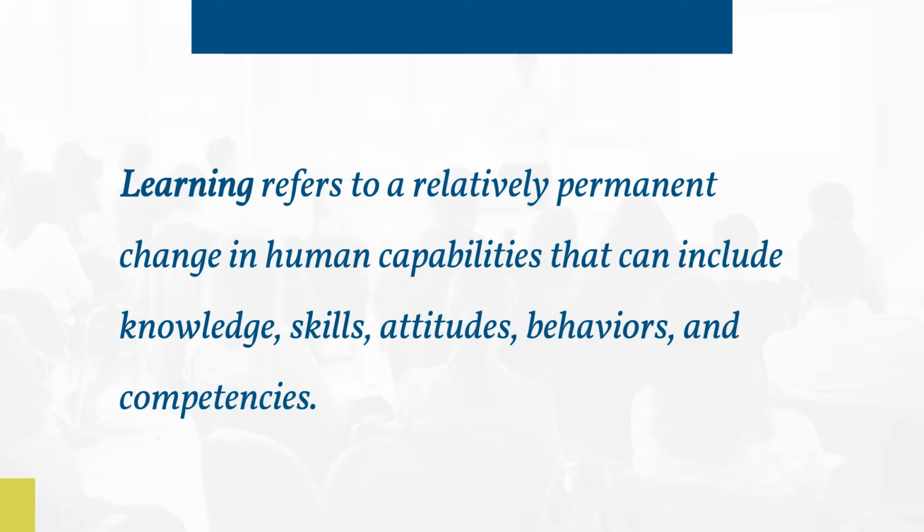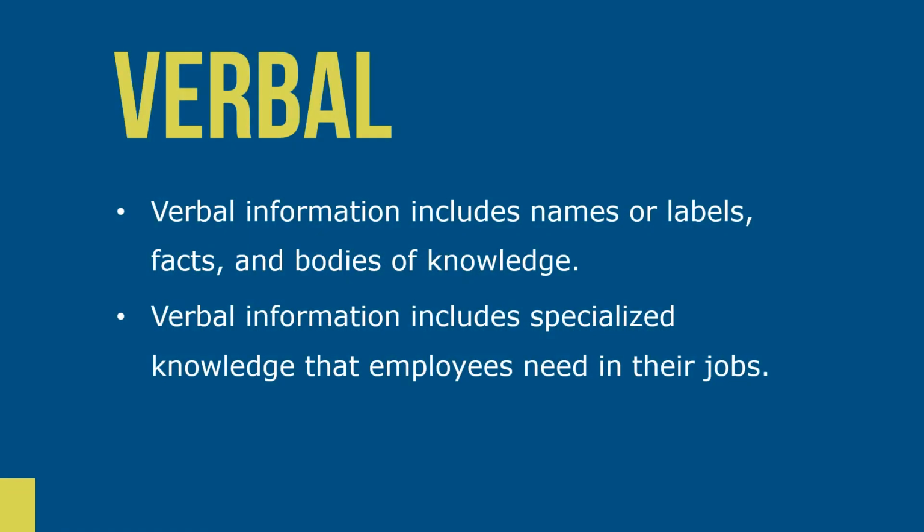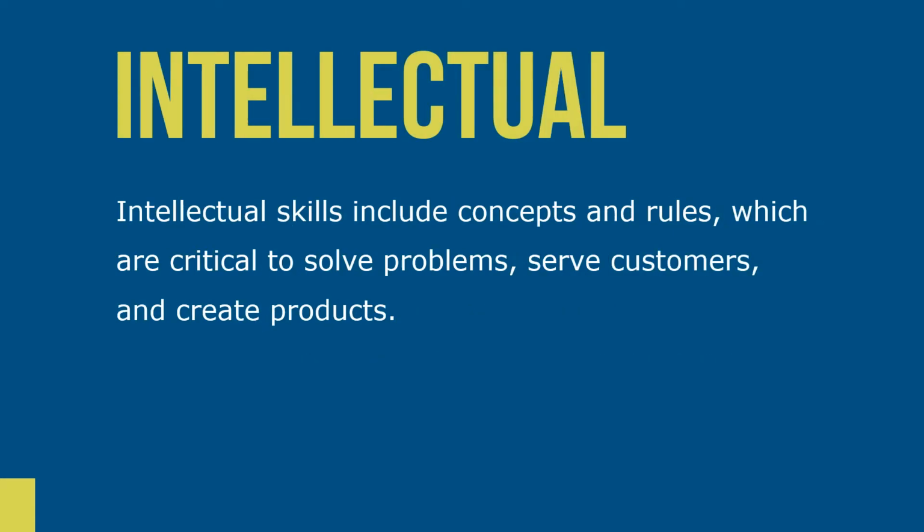Learning refers to a relatively permanent change in human capabilities that can include knowledge, skills, abilities, behaviors, and competencies that are not the result of growth processes. Verbal information includes names or labels, facts, and bodies of knowledge. Verbal information includes specialized knowledge that employees need on their jobs. Intellectual skills include concepts and rules which are critical to solve problems, serve customers, and create products.